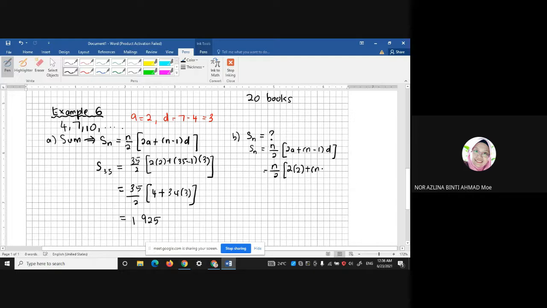So we substitute the values of a and d into the formula. d is 3. So this is equal to n over 2, 4 plus, we expand here, 3n and minus 3. So n over 2. Sorry, a is 4. The value of a is 4.